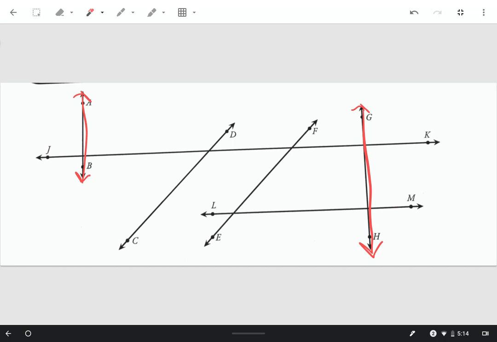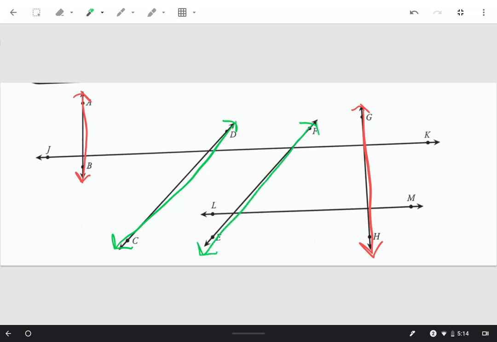They're both going straight up and down, and if they continued on and on forever, they would never intersect with each other. They would never cross paths. Do you see any other parallel lines in this diagram? Well, I see line DC right here, and I see line FE right here.